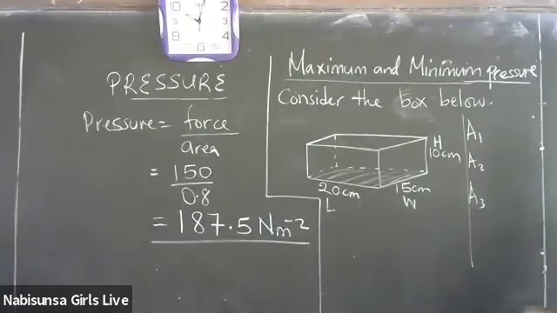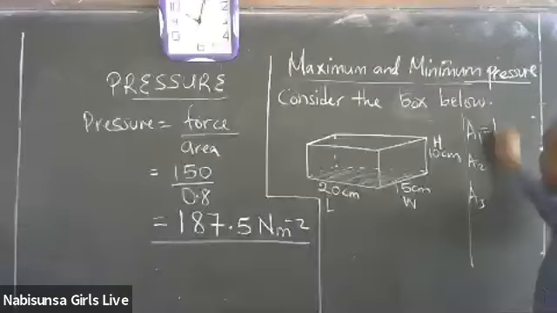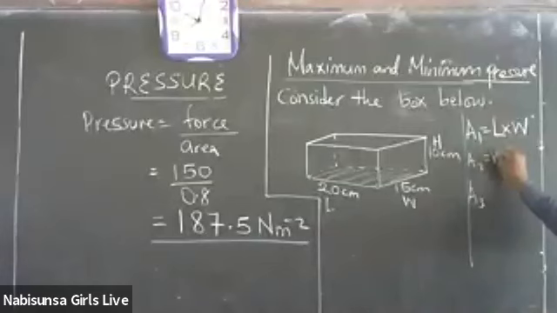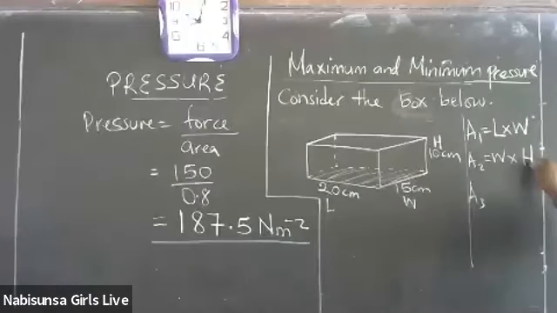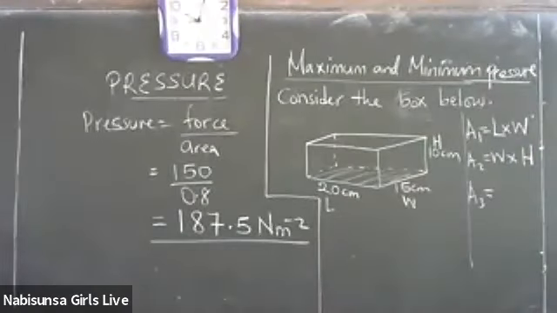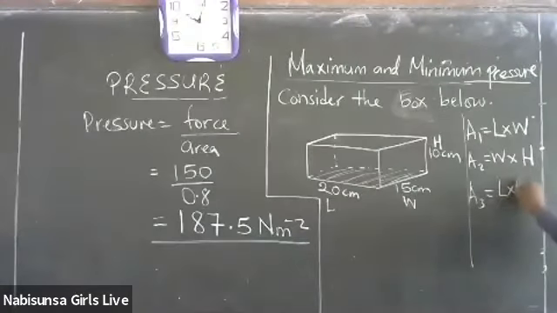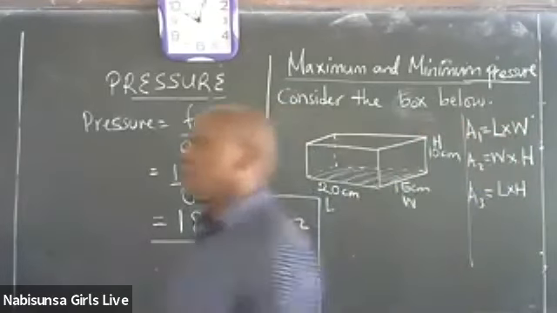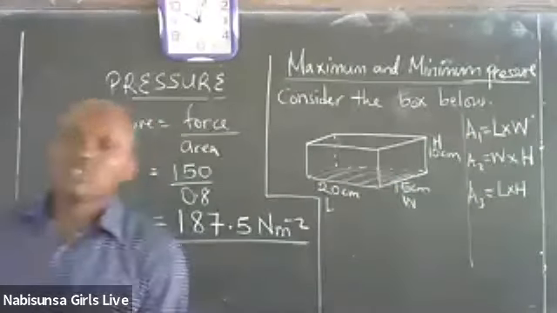So which areas can we get from this box? We can have length times width. Any other area? Width times height. Any other area? Length times height. Area 1, area 2, and area 3.